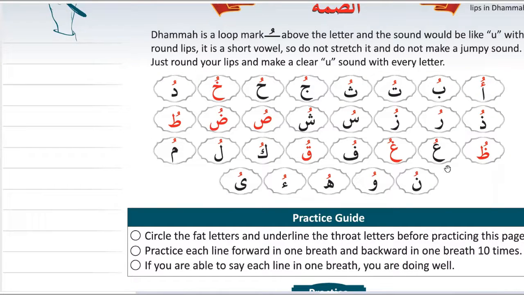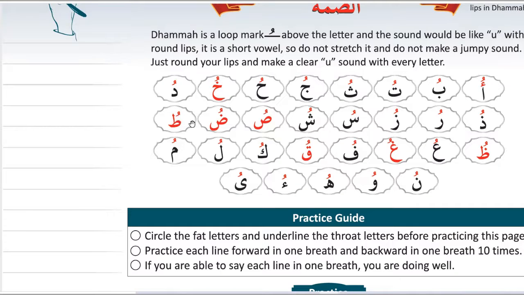Tu. Does my tu sound the same as the letter ta? Yeah, but you have to make it heavy. So you are trying to make it heavy. That's better. Tu, or you can say the Ta, tu, and then this one. Good.